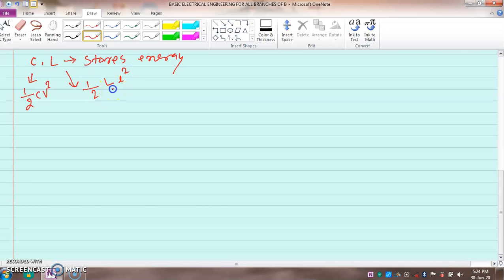This inductor is also called self-inductance, or inductance. I is the current flowing through the inductor. But resistance is an energy dissipating element. This much amount of energy is being stored in the inductor or capacitor, and as and when needed it will release this energy.